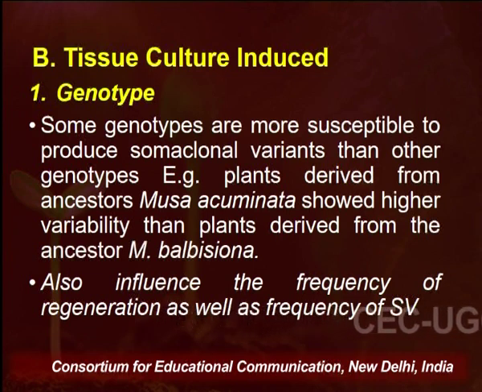So I have taken an example of Musa acuminata, which shows higher variability than the plants which were derived from Musa balbisiana. So here you can see that both the species belong to the Musa genus, but when the plants are regenerated from different species, they show different tendencies towards variability or somaclonal variations.